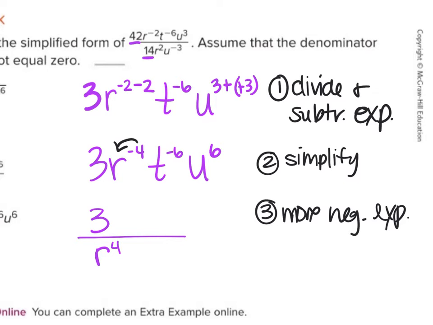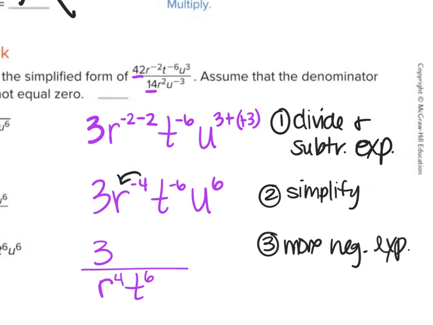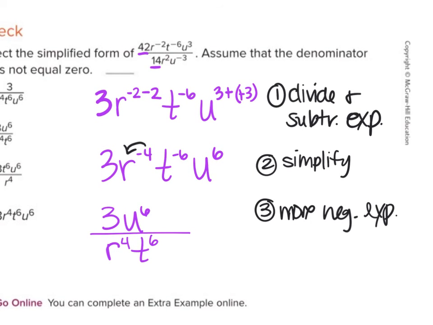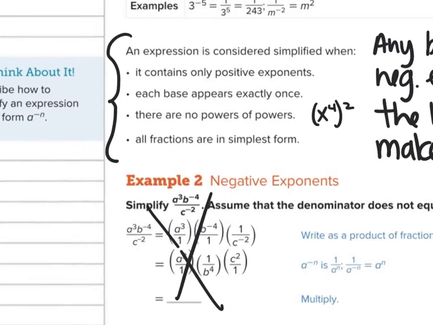Okay, what about the t? Will it stay or go to the bottom? Bottom, and it becomes t to the 6th. Do I need to move u to the 6th? No, I said no. Whoopsie. Yeah, that's good. Positive stays put. And then we want to make sure there's nothing else to be simplified. So check your little list here.